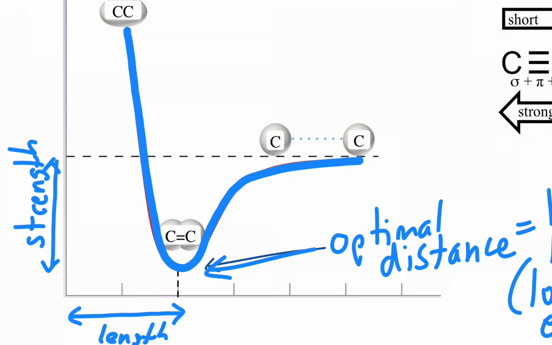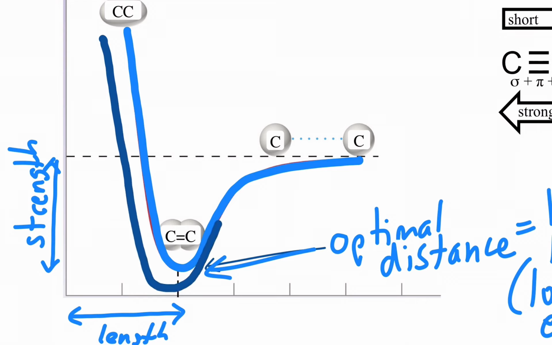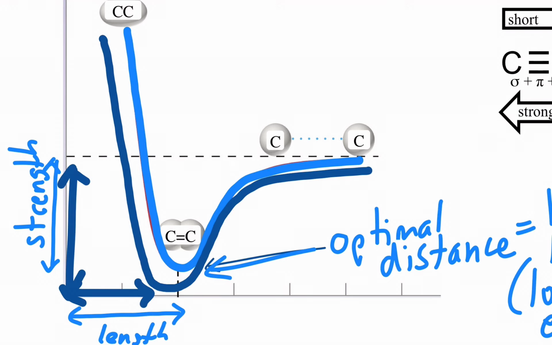And the triple bond, I'm going to make a slightly different color. It's going to be shorter, but stronger. And the only part that matters is where that trough is. So this is a shorter length, but a stronger dip.